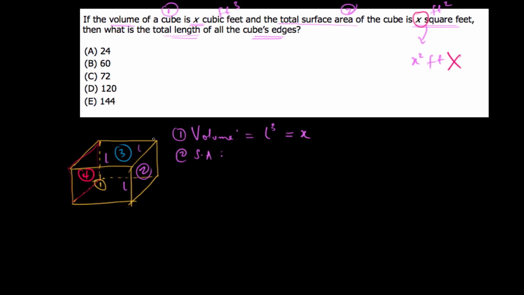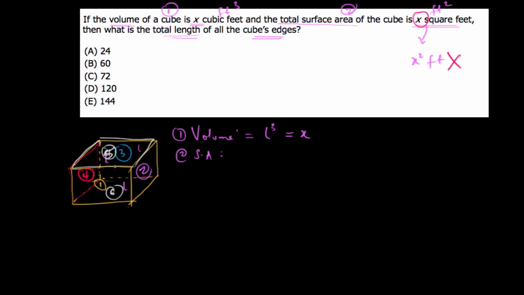Then we also have the top face, which we'll call 5, and then the bottom is 6. All in all, the cube has 6 faces, and all the faces have equal areas.